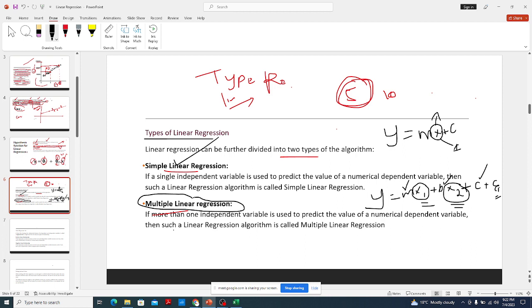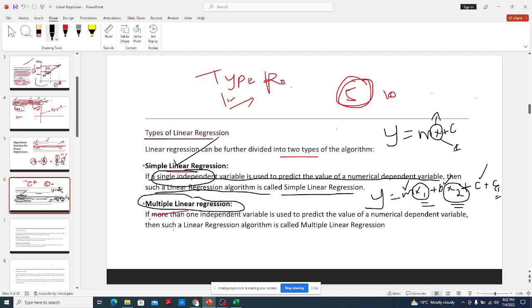For example, if a single independent variable is used to predict the value of the numerical dependent variable, then such a linear regression algorithm is termed simple linear regression. Why? We are only having a single independent variable. What about multiple regression?